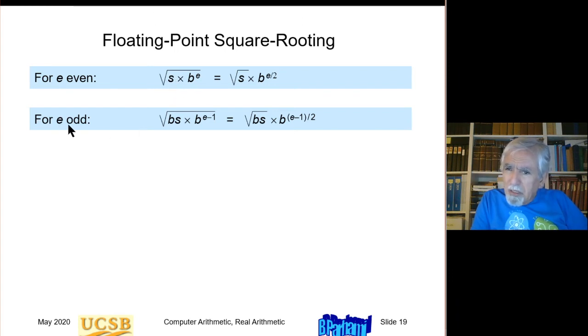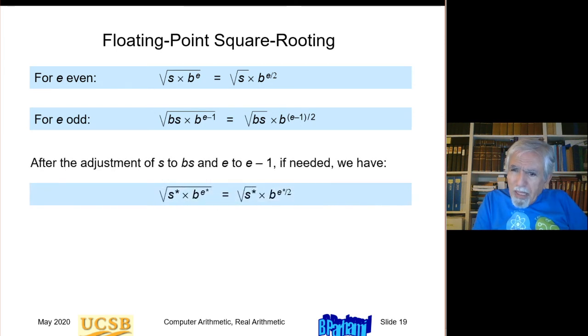If e is odd, then we multiply the significand by b and subtract 1 from the exponent. So this is the same number still. Then we extract the square root of b times s, and e minus 1 is now even. We divide it by 2. Putting these two cases together, we either extract the square root of the significand or the square root of twice the significand in the case of the IEEE binary standard, where b is equal to 2.